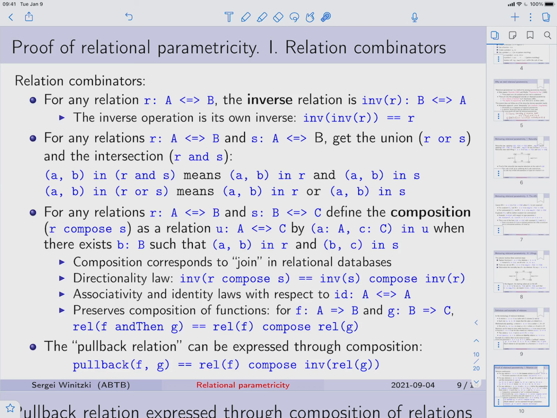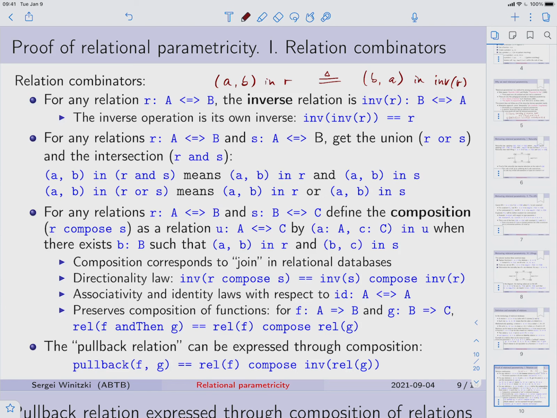AB is in R is the same as BA is in inverse of R. So it's then easy to see that the inverse operation is its own inverse.